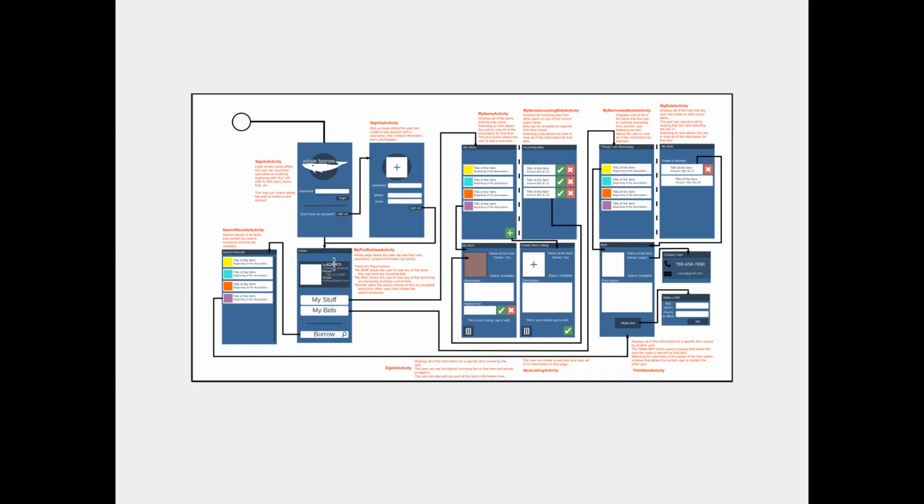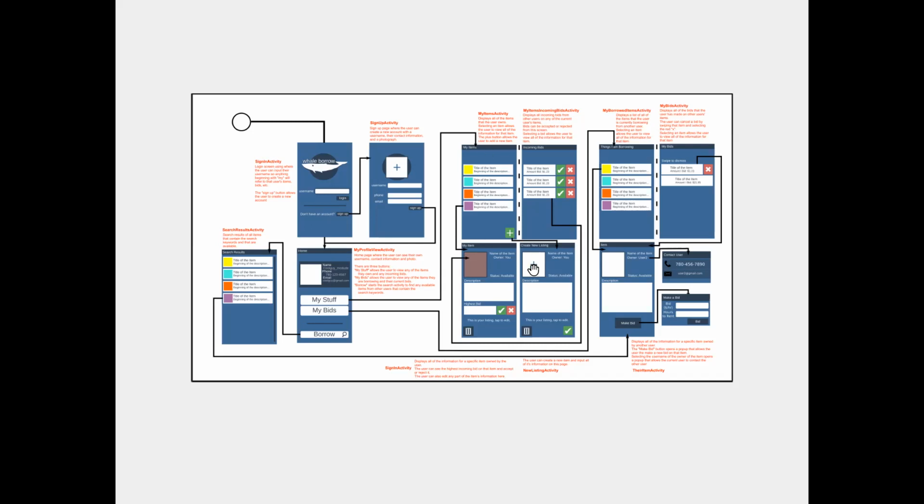So the third interface shows you my profile activity, where we have name, phone number, and email. And there are 3 buttons: my stuff, my bids, and borrow, right? So when you click my stuff, you go to a new window called my items, where you have several items together, right?